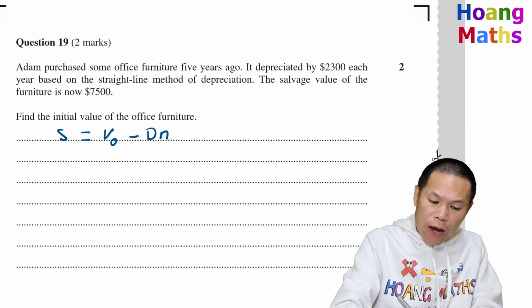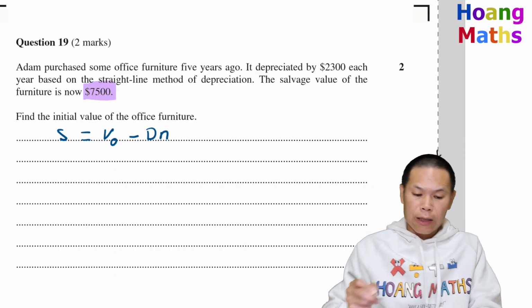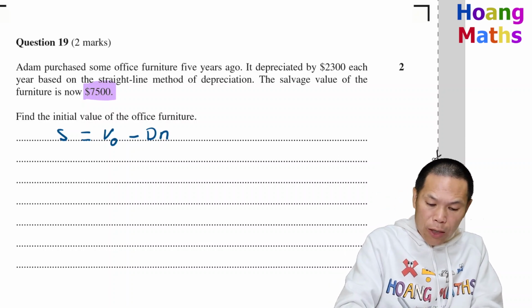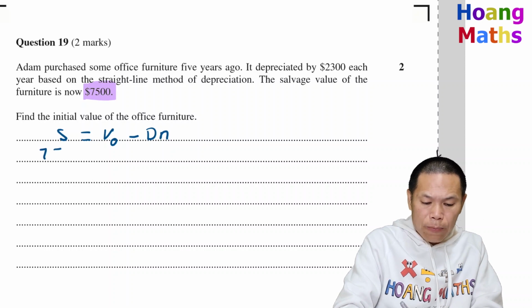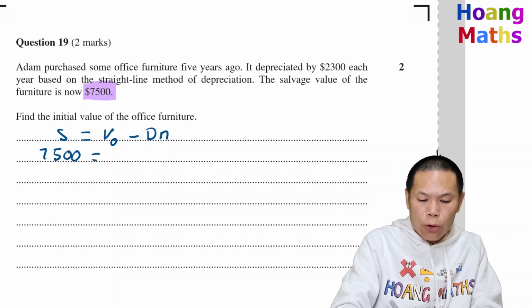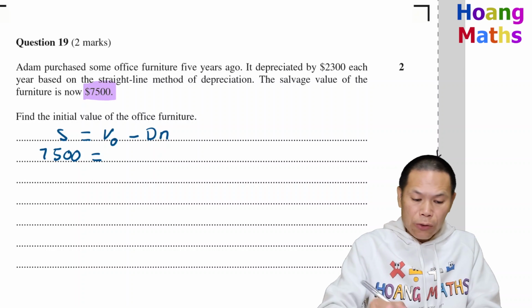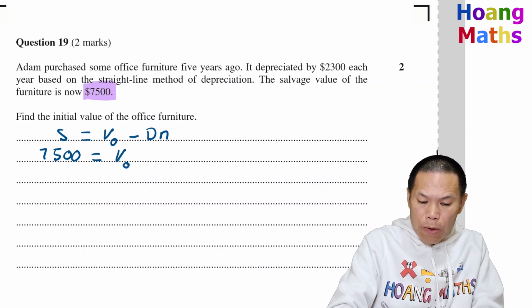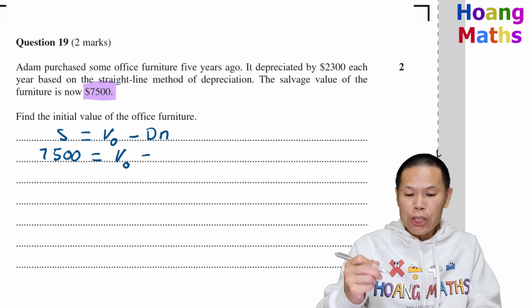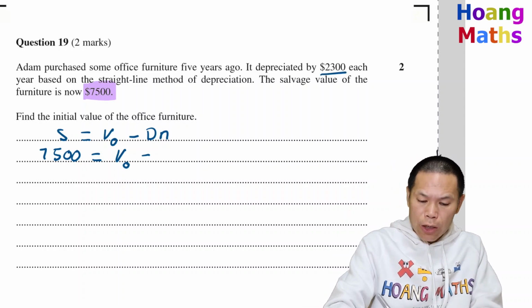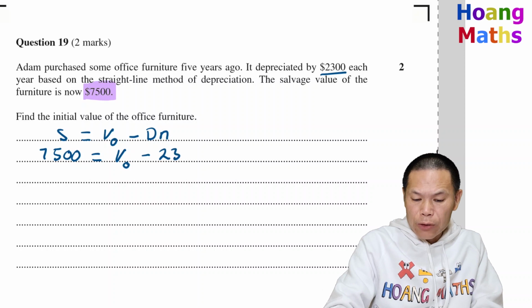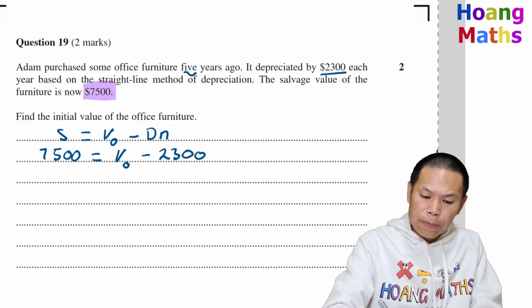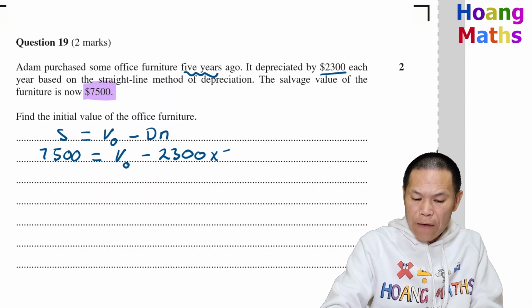The salvage value is $7,500, that is S. So let me write this down: 7,500 is equal to the purchase value, that's what we need to work out, that is the initial value, minus the depreciation each year, 2,300, times the number of years, so for 5 years, times 5.